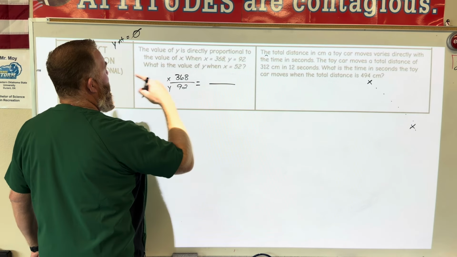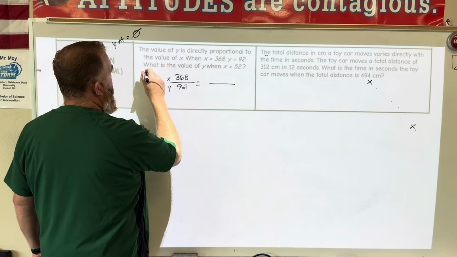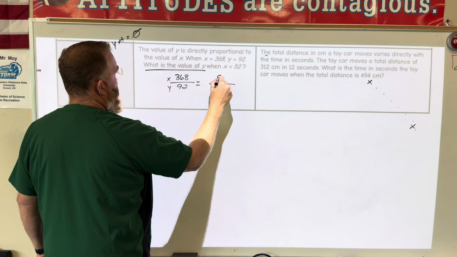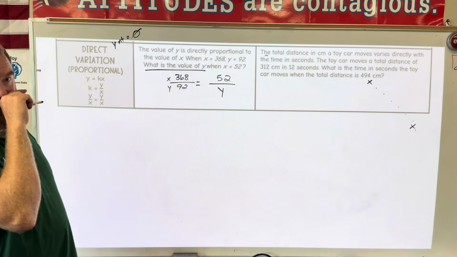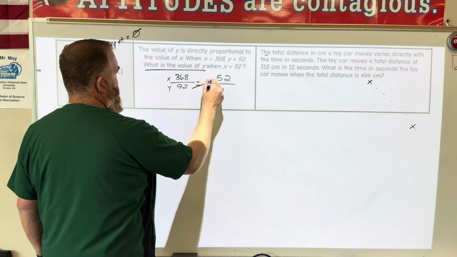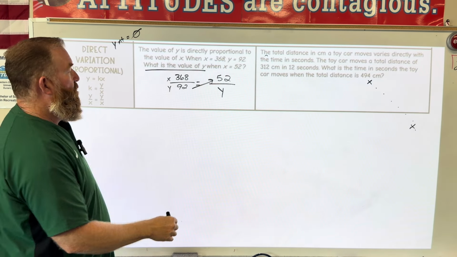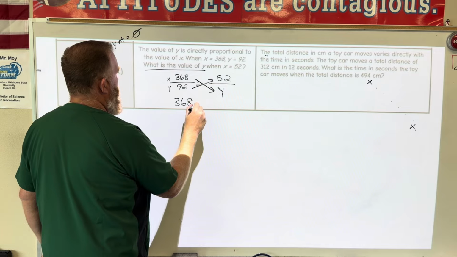What are they trying to find? The value of what? The value of y when what? When x is 52. Do me a favor. You guys have your calculator? Cross multiply that. Remember the proportion, butterfly method? What's 368 times y? 368y.